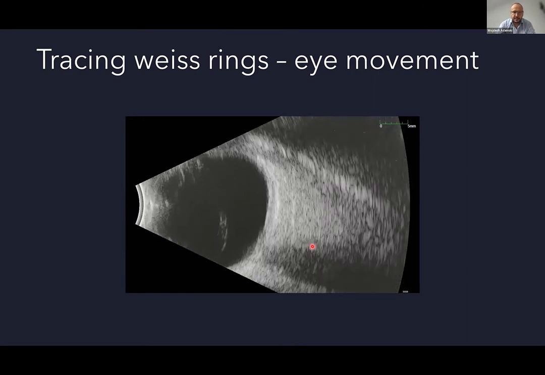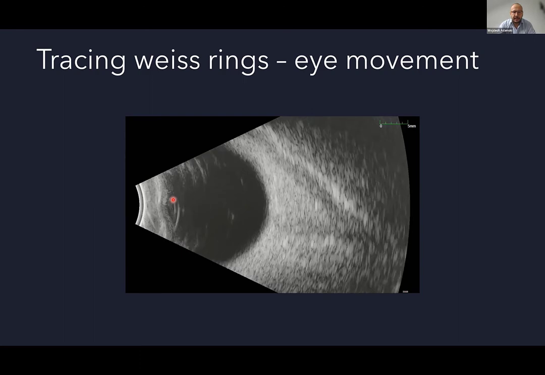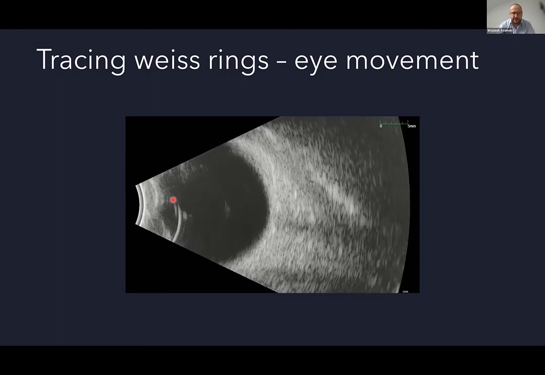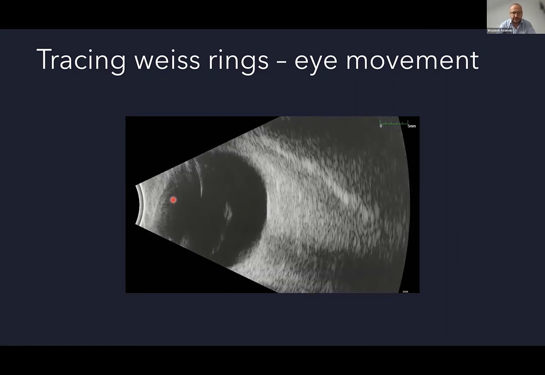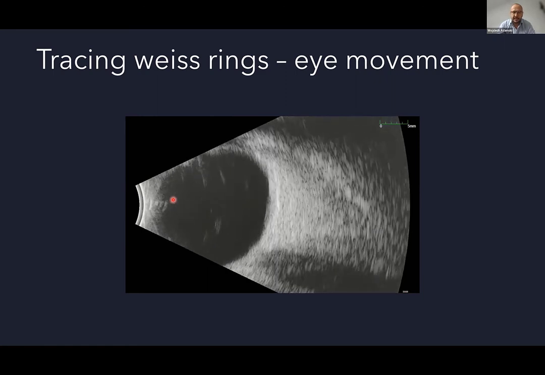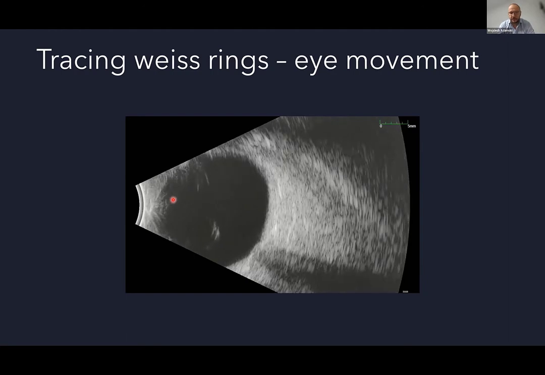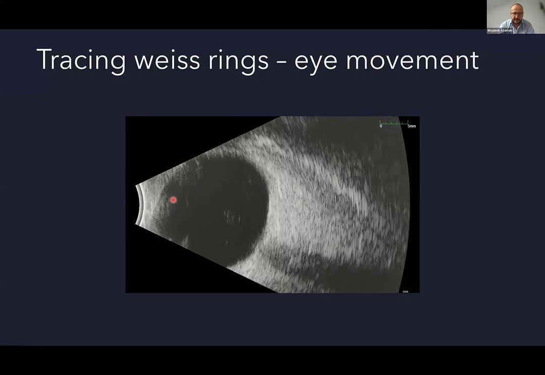So here in this movie, which again I hope you can see playing smoothly, we can see a patient with, again, posterior vitreous detachment and quite a large floater in the central vitreous. The probe is not moving at this time, but the eye of the patient is moving, so we can see the floater appearing and disappearing depending on the situation.